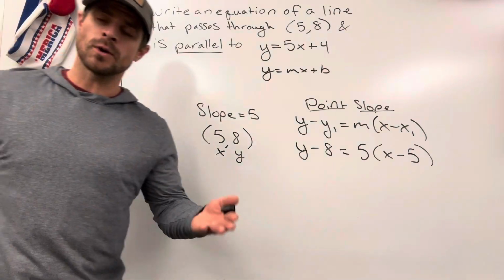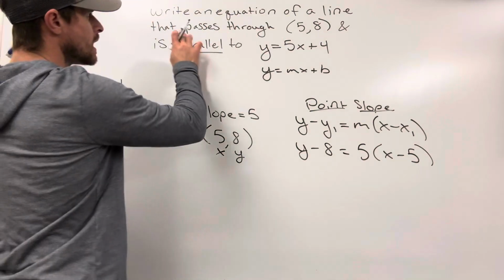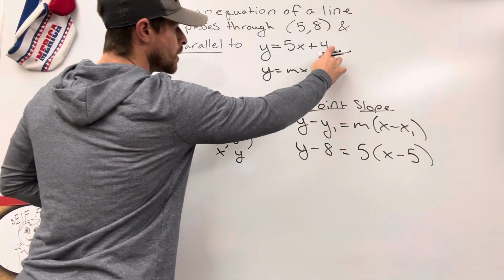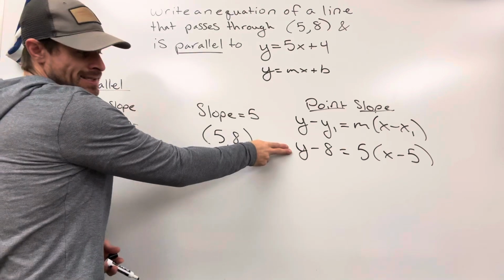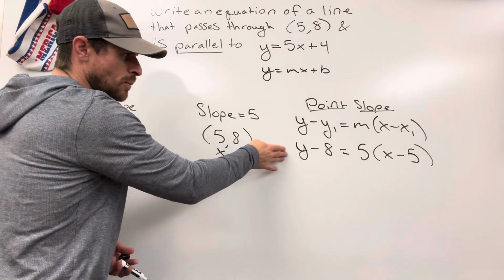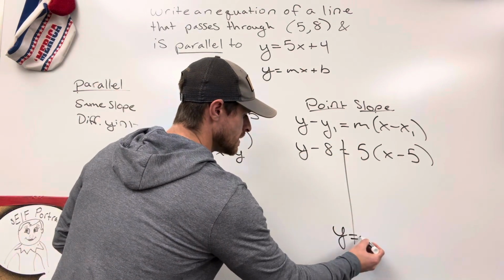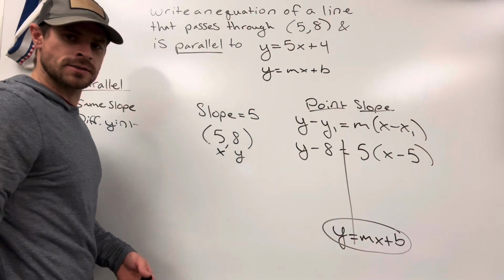Now, if I went one step farther with this question, write an equation of a line that passes through (5, 8) and is parallel to y = 5x + 4. But if I said I need it in slope-intercept form, that's not slope-intercept form, that's point-slope form. But just as quickly as I wrote it in point-slope form, I could convert it to y = mx + b, which we call slope-intercept form.